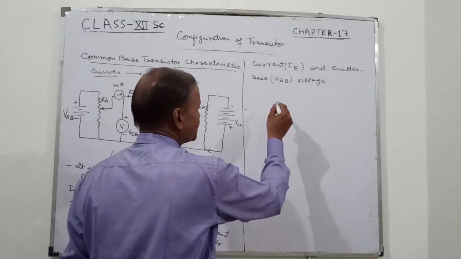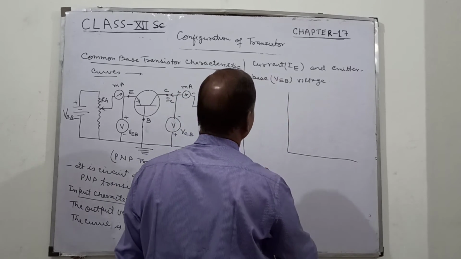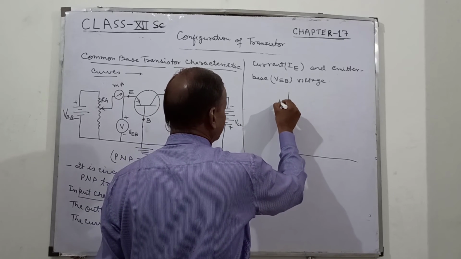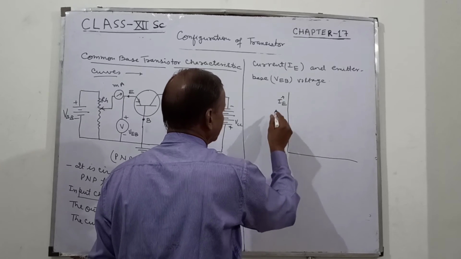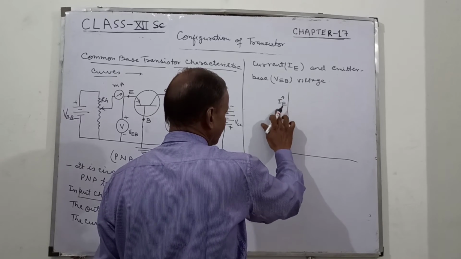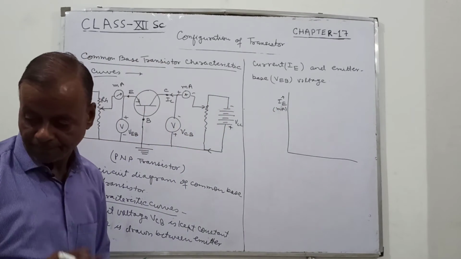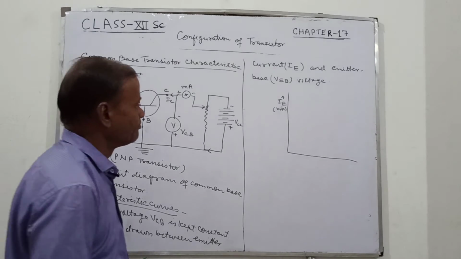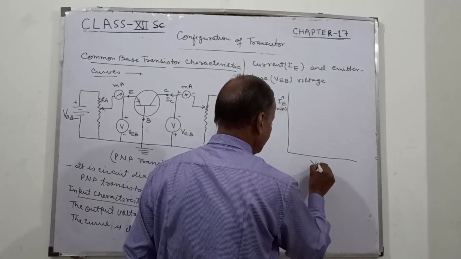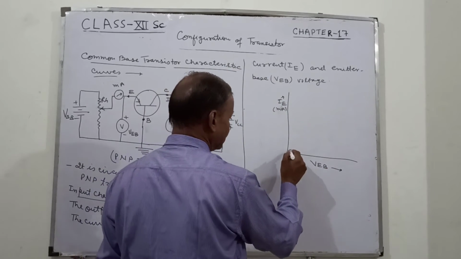And these curves are like this. This is your IE, in milliampere, and here we have VEB on this side, and we get the curves like this.